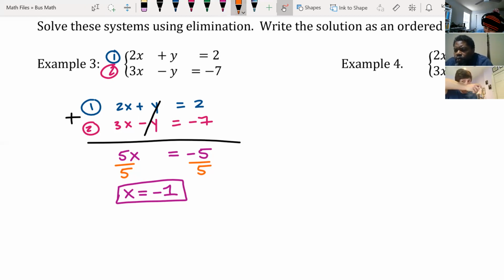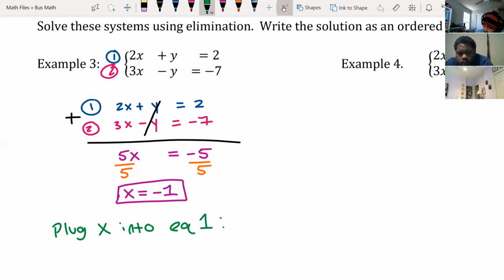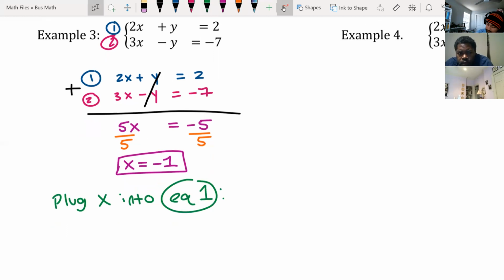So let's do that. I'll say plug x into equation 1. And I'll rewrite equation 1 again. 2x plus y equal to 2. And I'm going to plug in that x value of -1.